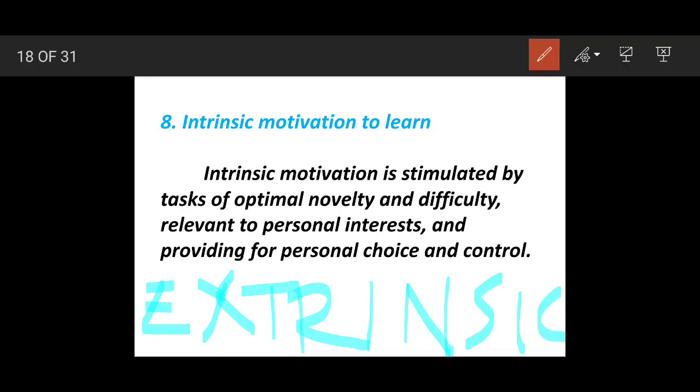Ayan. Extrinsic motivation and intrinsic motivation. Extrinsic motivation comes from without. It comes from outside. It usually comes in the form of an immediate reward or a promise of a reward.